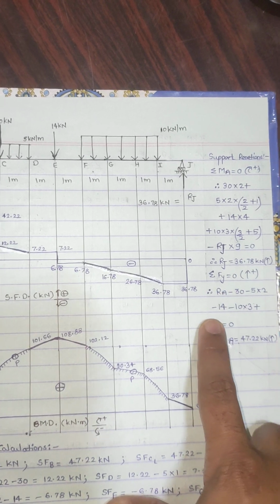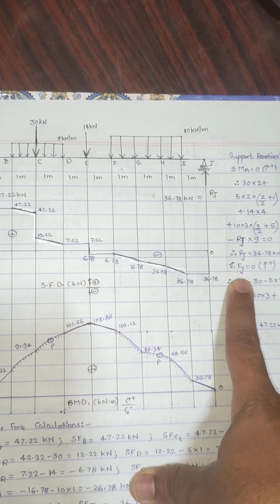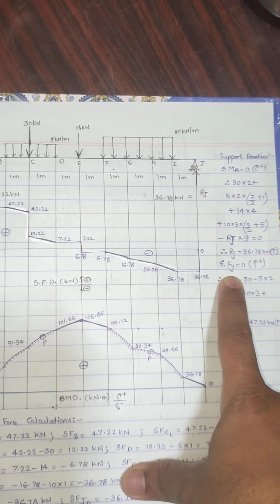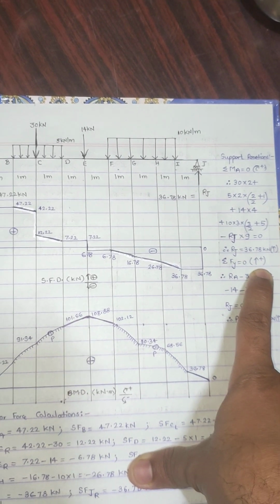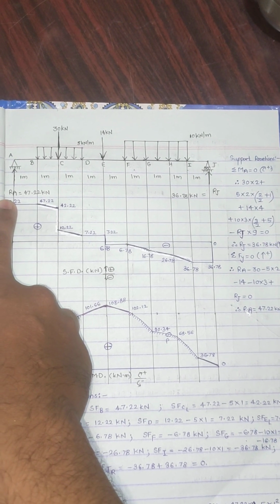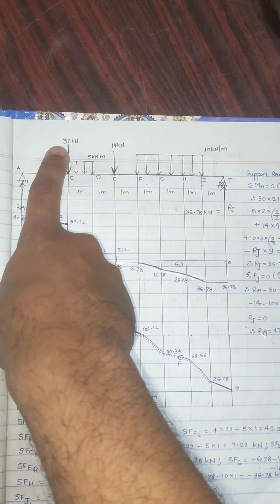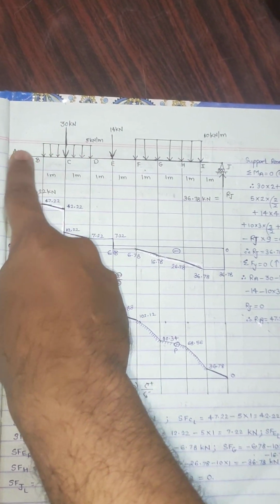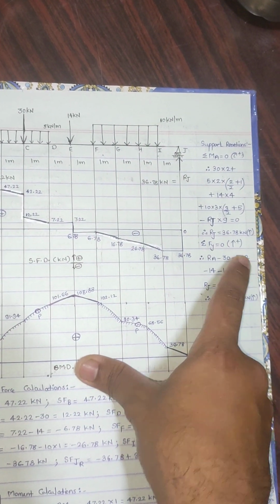Next, to find out RA we will take summation Fy, that is addition of all vertical forces, upward as well as downward, equal to 0. I am assuming convention as upward force positive. So I have this RA, which value I have to find out. Then 30 is downward, so minus 30, this UDL 5 into this distance 2 is downward, so minus 5 into 2.